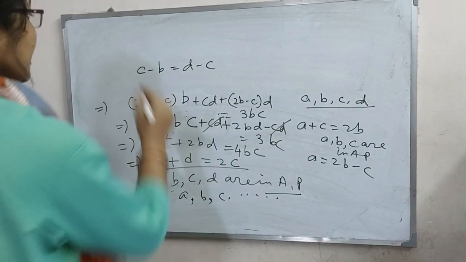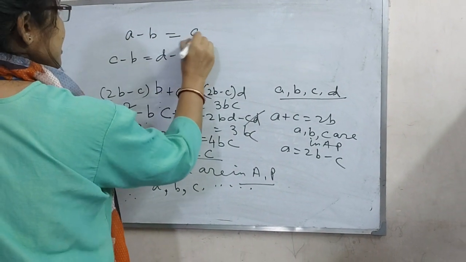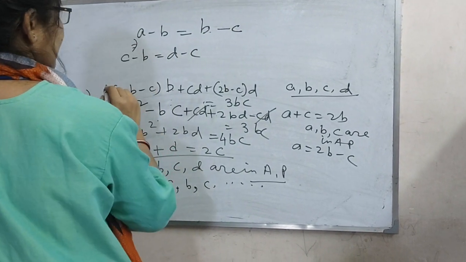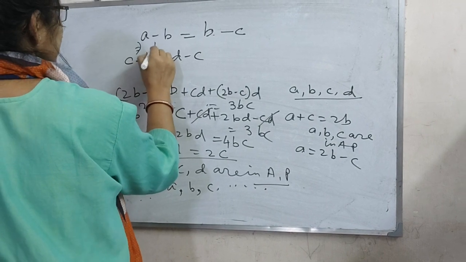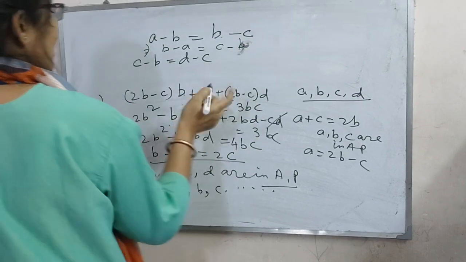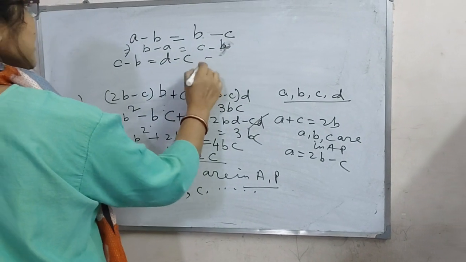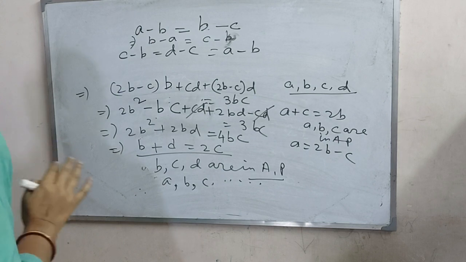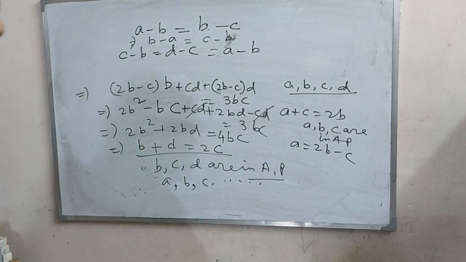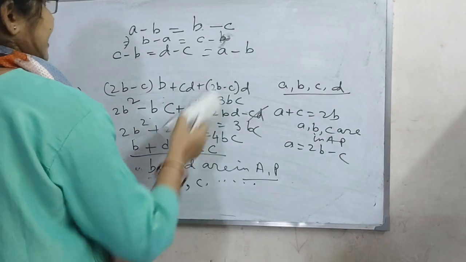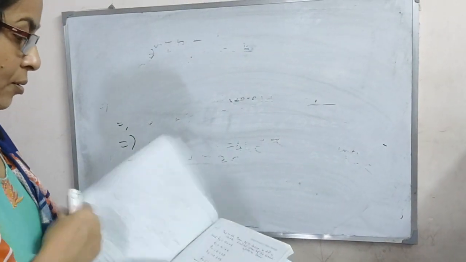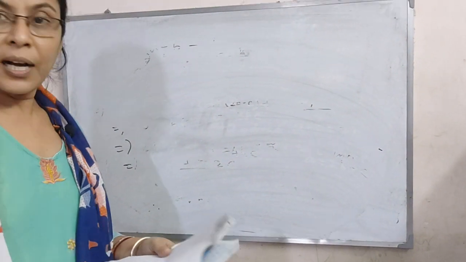So c minus b equals d minus c equals b minus a. That means from these two equations I can say a, b, c, d are in AP, right? Okay, I am ending here.